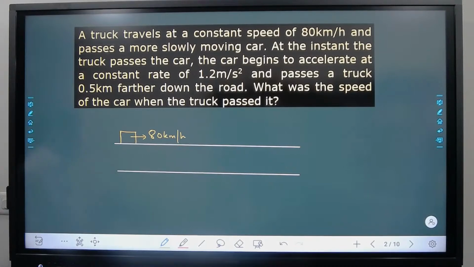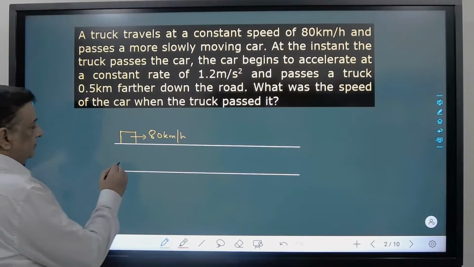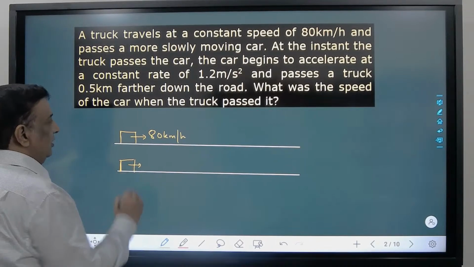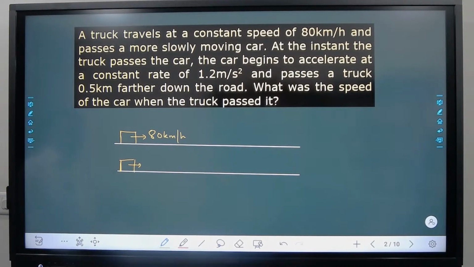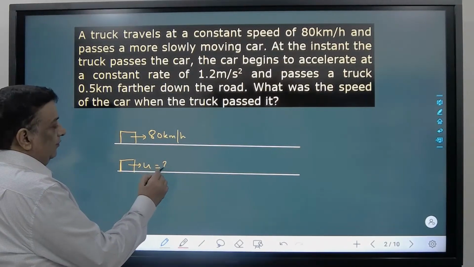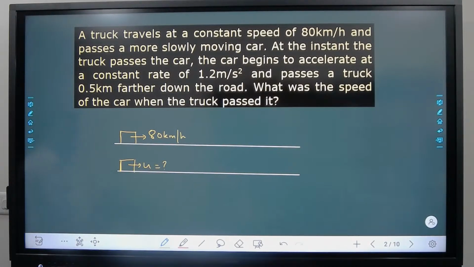Truck travels at a constant speed of 80 km per hour and passes a slowly moving car. You have a car which is moving slowly. We are not given the velocity of this car. As soon as the truck passes, car begins to accelerate.